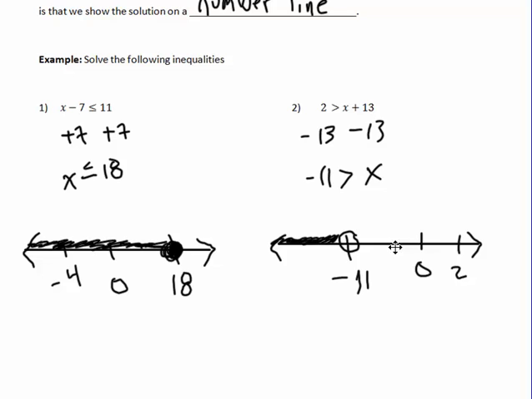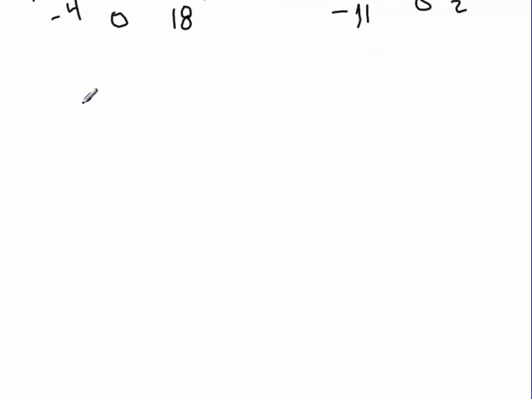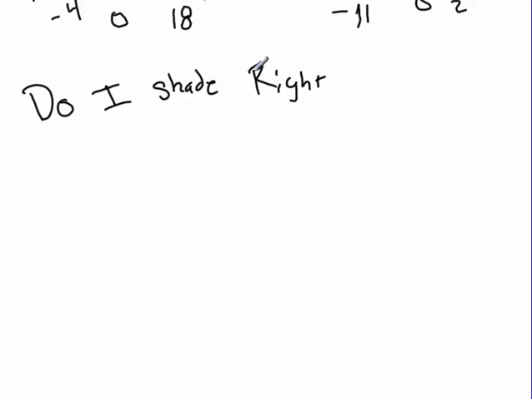So that's the way I use 0 as a 0 test. Over here, if I plug a 0 in for x, 0 is less than or equal to 18. So yeah, I shade towards 0. And again, if you're trying to determine whether to shade right or left, I've already put my closed circle in for my comparison number.